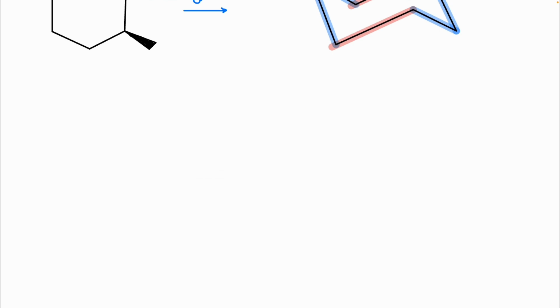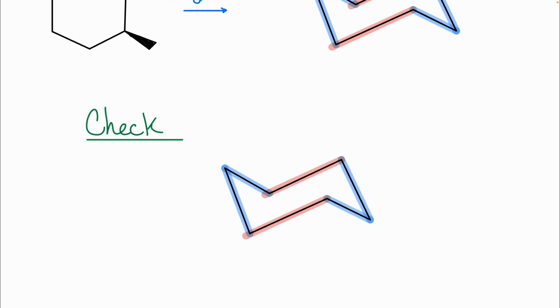All right, and we can check our chair structure. Because if we look at these 6 carbons, they should have a specific kind of orientation. What I mean by that is that 3 of them should be sitting at these peaks here, at the tips of a triangle.